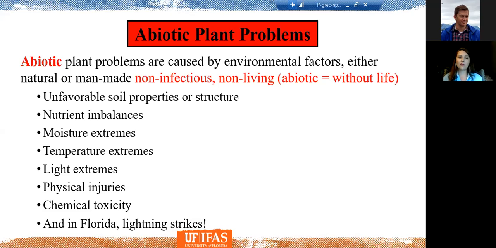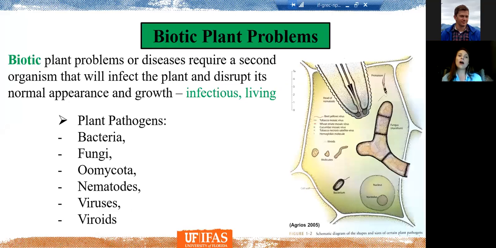For example, unfavorable soil properties or structure, nutrient imbalances, moisture extremes, either drought or high humidity in the soil, temperature extremes, either cold or hot, light extremes, physical injuries, chemical toxicity, and in Florida, we might also have lightning strikes.